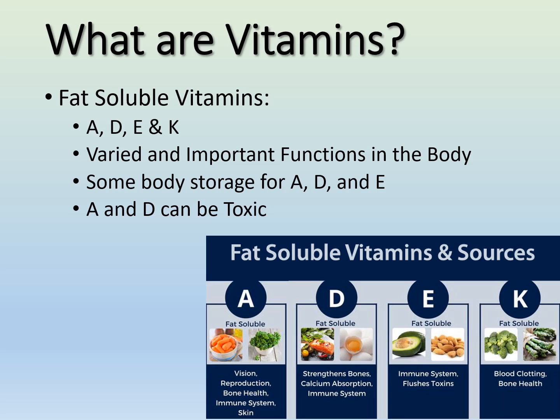But the other problem with being able to store these fat-soluble vitamins is that they can become toxic if you have too much of that vitamin. Because we can store it, the levels in our body can become higher and higher if we are consuming more and more of that vitamin and just continue to store it, okay?